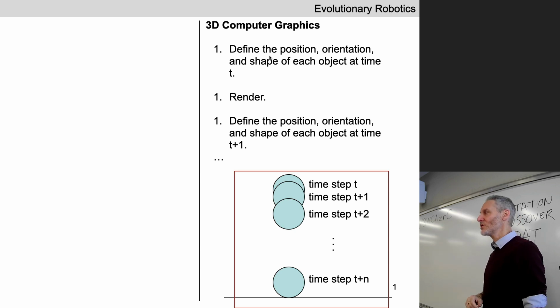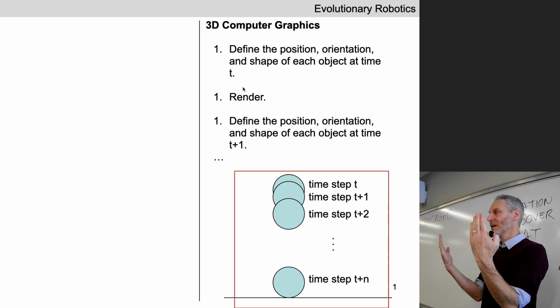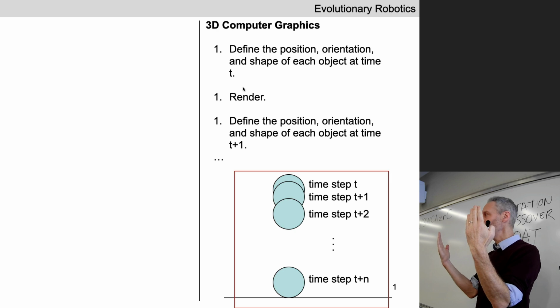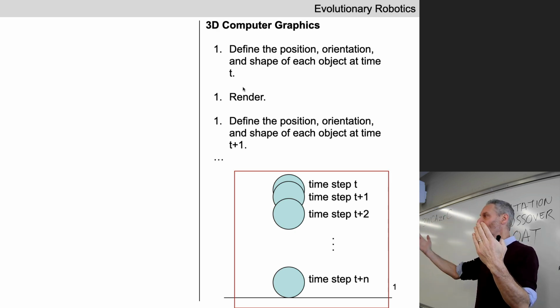You type them in or describe them to a computer through a CAD program, and then you click render, and usually you'd go and get a cup of coffee, and 5 minutes or an hour later, it would render a single image for you. Okay, great, you've got your pretty picture, but you don't actually want a pretty picture, you want to create an animation or a video.